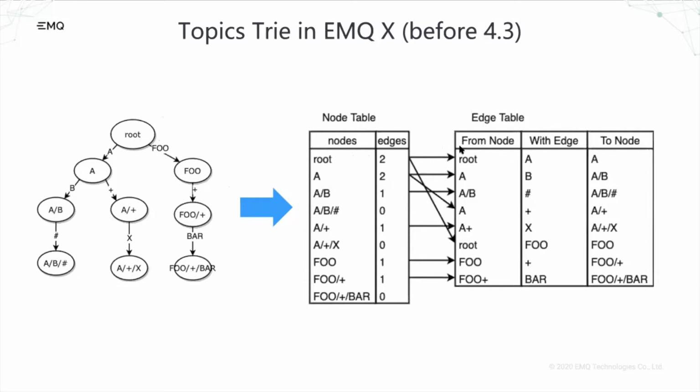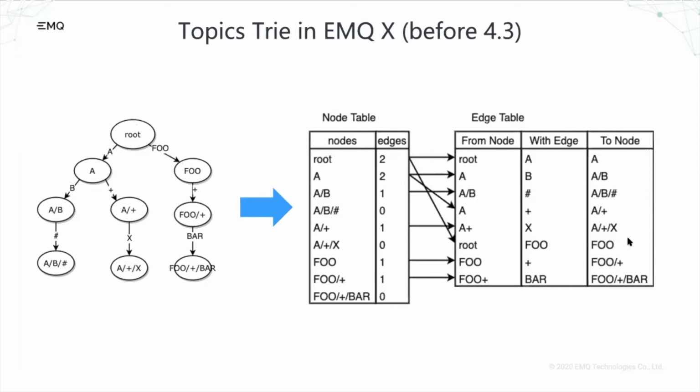The edge table has a from node, the source node, with a label on the edge, going to the destination node. Taking the rightmost branch, for example, from root it goes through this edge with label foo to the node foo.